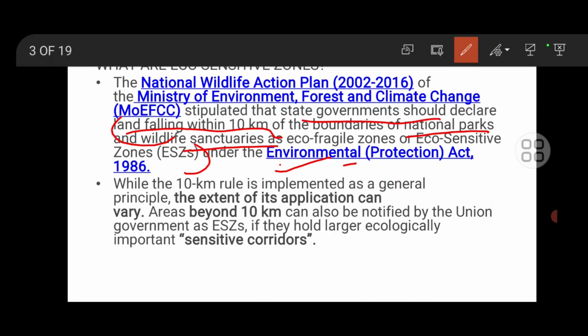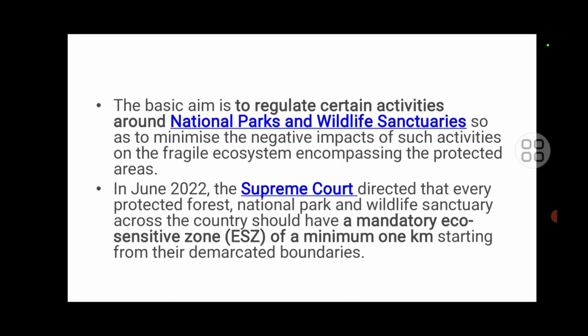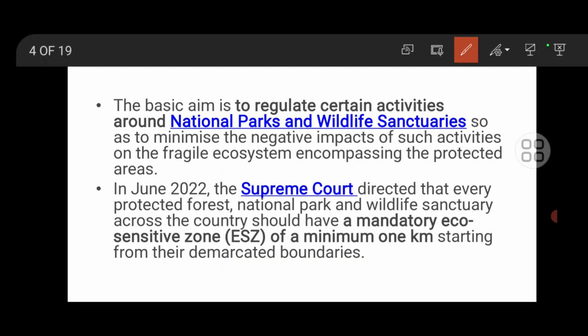Within this 10 kilometer zone, when the ecologically sensitive zone is declared, certain activities will be regulated. The basic aim of declaring an eco-sensitive zone is to regulate certain activities around national parks and wildlife sanctuaries.